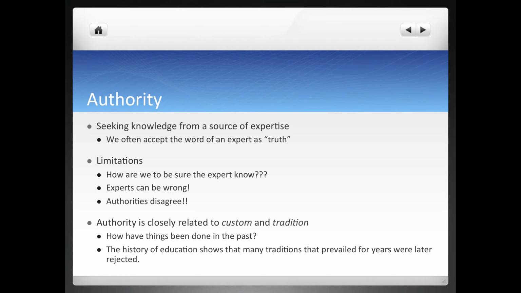Guys, limitations on authority. First of all, how do we know the experts know what they're talking about? That's something that you run into a lot. Experts can be wrong. And the third bullet there, authorities disagree. My doctoral advisor was the statistics director for SIMS and TIMS, which is the second and third international mathematics study.